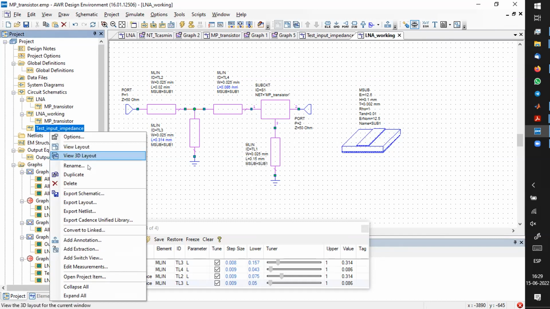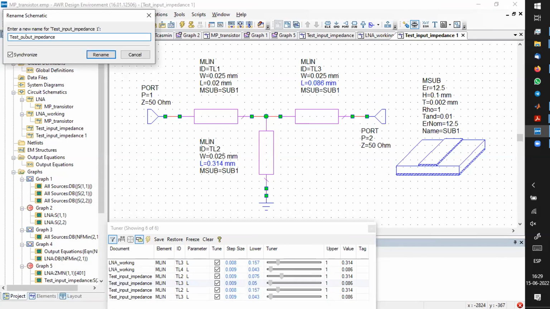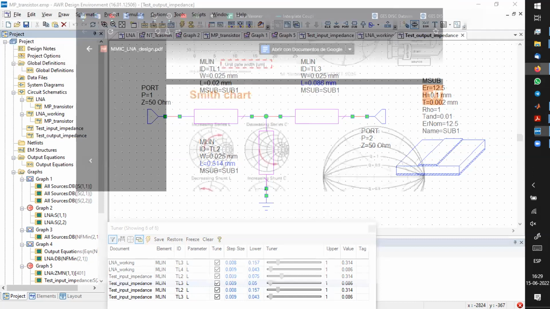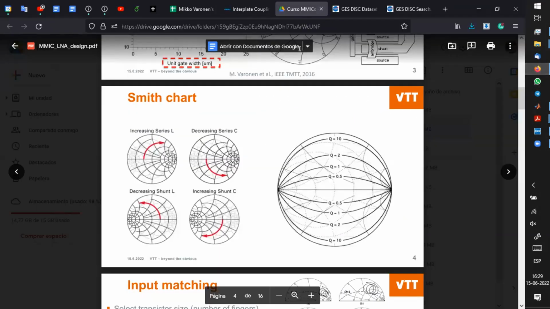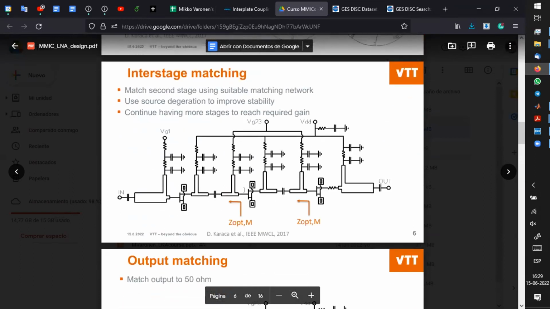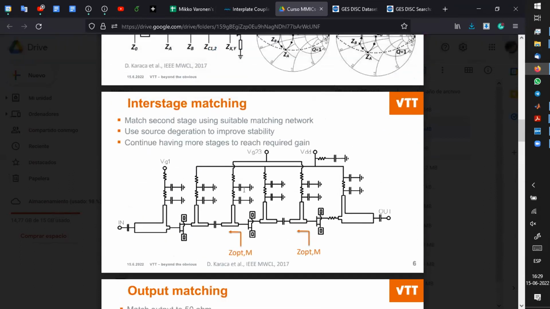And if you go for a while to my slides, there's one thing that we need to consider too. If you go one of the schematics downwards, one more here. Remember that the short-circuited shunt stub is also used for biasing.